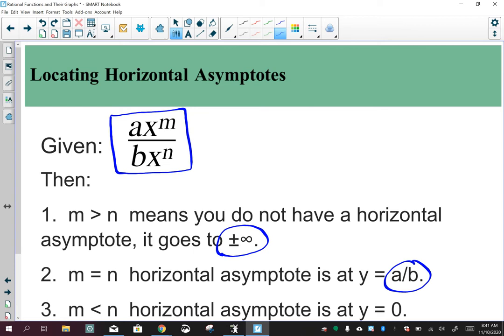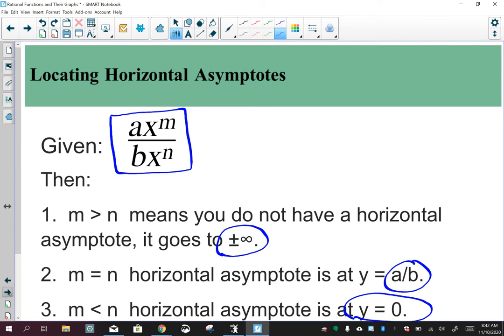If your denominator is ever higher than the numerator, then you just have a horizontal asymptote at y equals 0, and you're done. So three different options. If the numerator has the bigger exponent, then you're going off into some sort of infinity. If they are the same, it's just the ratio of the coefficients. And if the denominator is bigger than the numerator, you have y equals 0 as your horizontal asymptote.